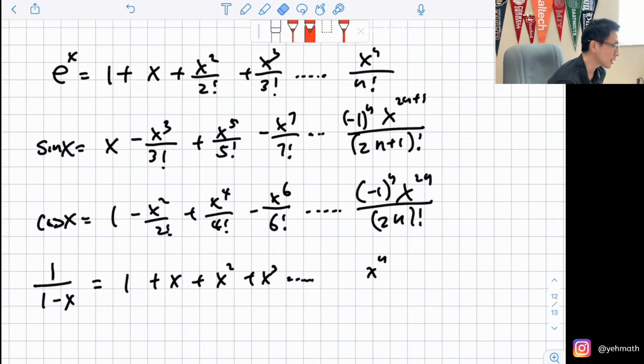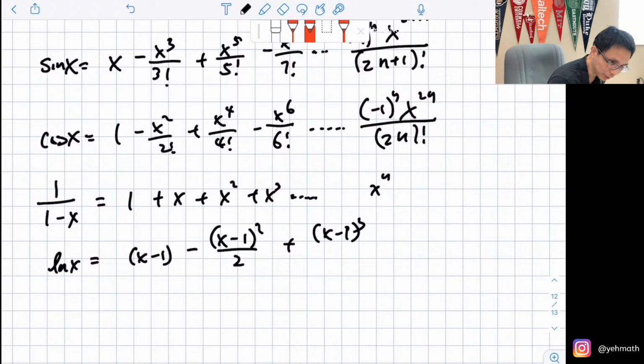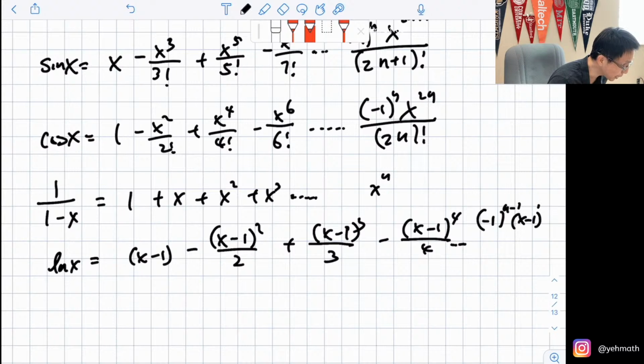Okay, so is this okay? e to the x, sine of x, cosine of x, right? And we just talked about natural log of x. Natural log of x, according to Taylor series centered at 1, is x minus 1 minus x minus 1 squared over 2 plus x minus 1 cubed over 3 minus x minus 1 to the 4th over 4, and so on, to negative 1 to the n minus 1 times x minus 1 to the n over n.